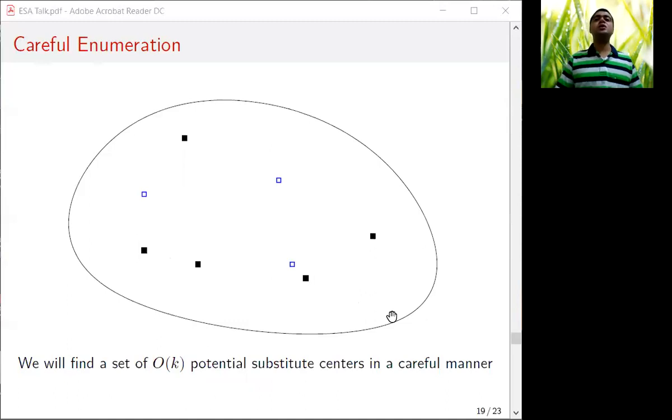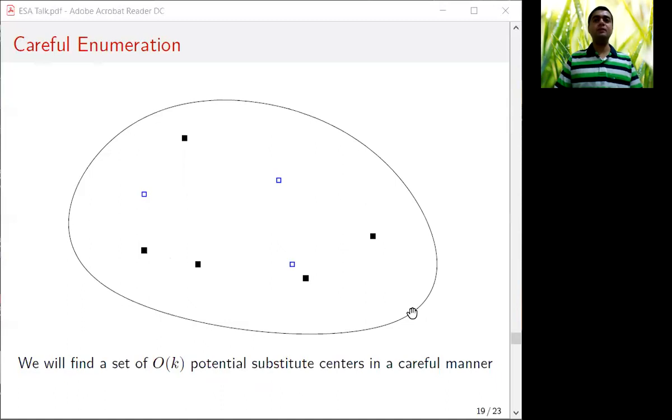The greedy choice here is based on how dense the Ri neighborhood around each location is. This greedy choice is very crucial in the analysis. This set of potential replacement locations has size order k, and we'll use some of these locations to find a unique replacement for each of these 3 optimal sets.